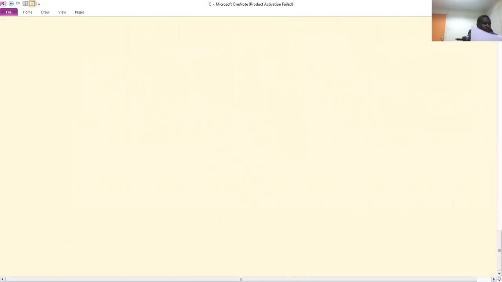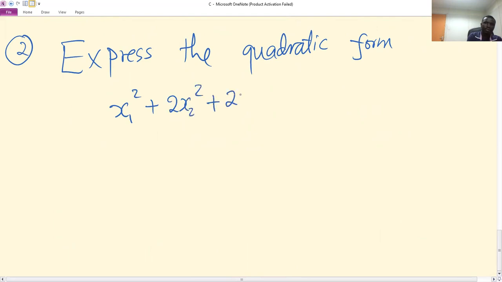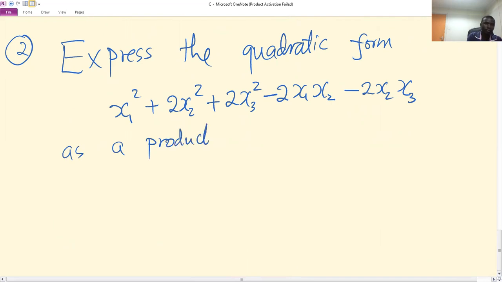So similarly, if we have this problem: express the quadratic form x1 squared plus 2x2 squared plus 2x3 squared minus 2x1x2 minus 2x2x3 as a product of matrices.